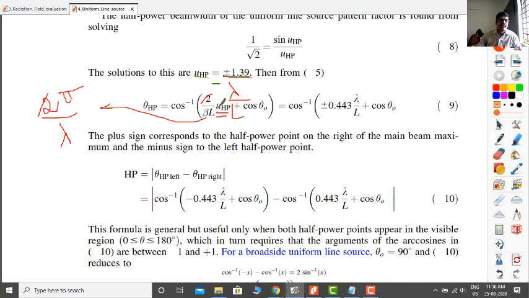When you multiply 1.39 with pi, we will be getting 0.443 lambda by L plus cos theta naught. Same thing.